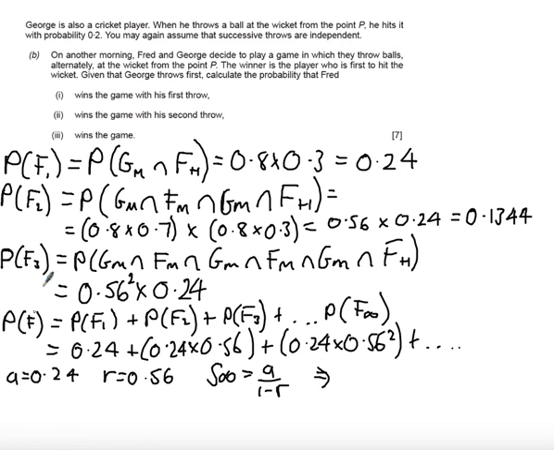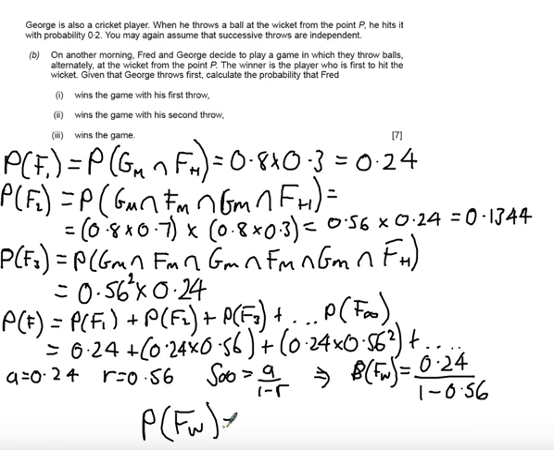So using this information, and that's why I did the third one, because it becomes a little bit clearer hopefully to see that this is a geometric series. So using this sum to infinity now, we know that probability that Fred wins is going to be equal to a, which is 0.24, over 1 minus r, which is 0.56. And so the probability that Fred wins, if we type that into our calculator carefully and just work through it, should come out as 6 over 11.